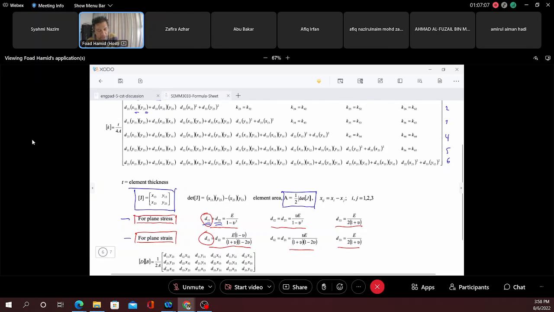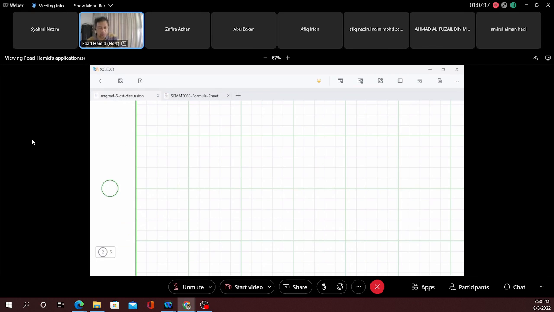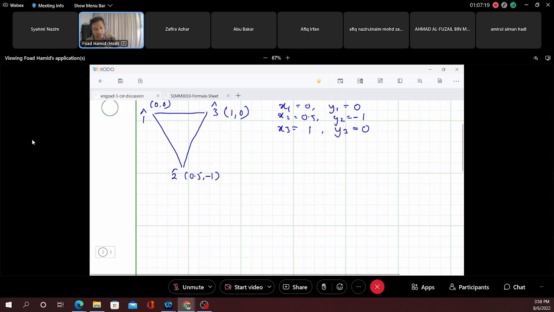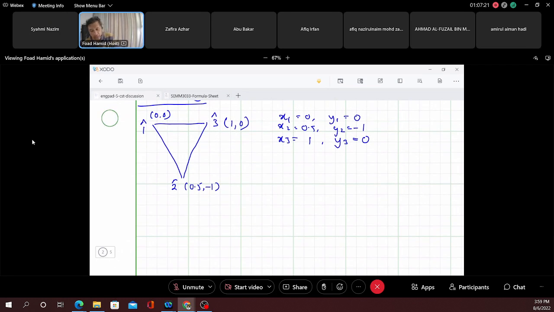And for J, it requires x13, x23, y13, and y23. I think I mentioned this in my video, but just in case you haven't watched my video, let's talk about this. x13 is a notation saying that this is x1 minus x3, a short form of the long notation.